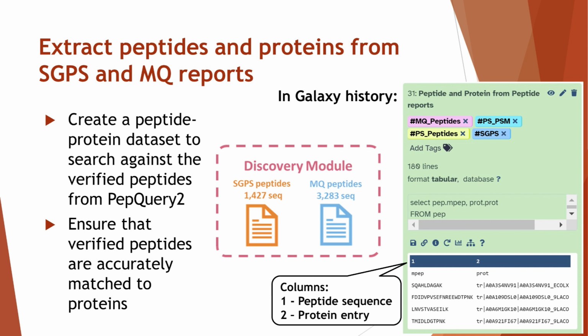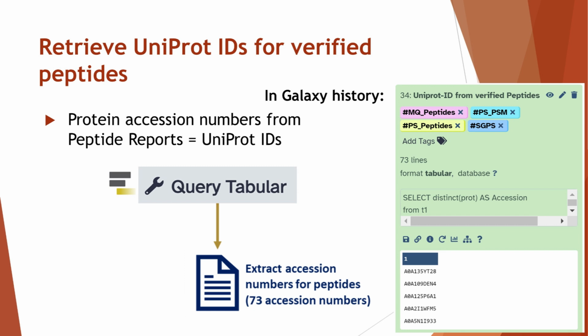Keep in mind that this is a different data set from the list of distinct peptides that will be verified by PepQuery 2. The Query Tabular tool will use the peptide protein dataset to accurately assign verified peptides to their proteins. So, at this point, we have obtained verified peptides and their corresponding proteins that are cataloged by their accession numbers. As I previously mentioned, these accession numbers can also be called UniProt IDs.